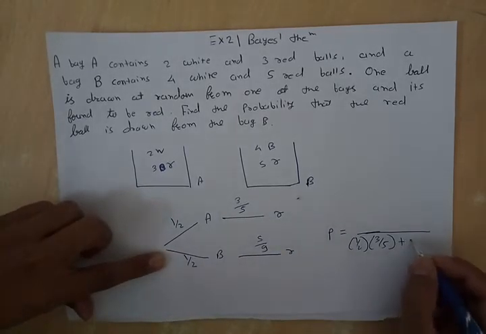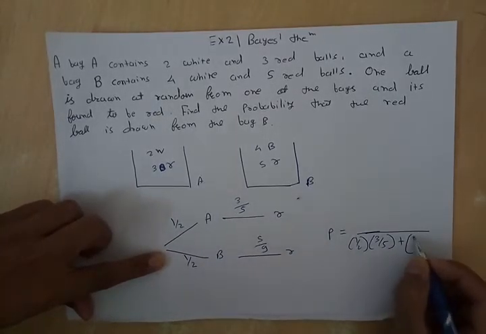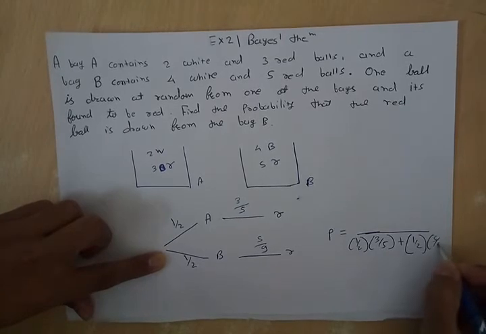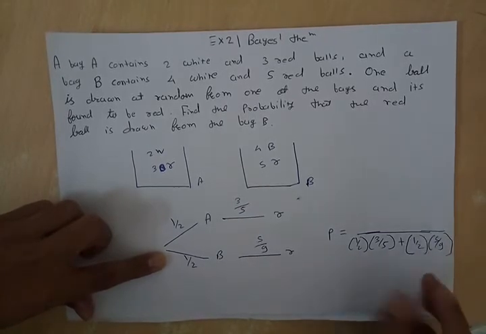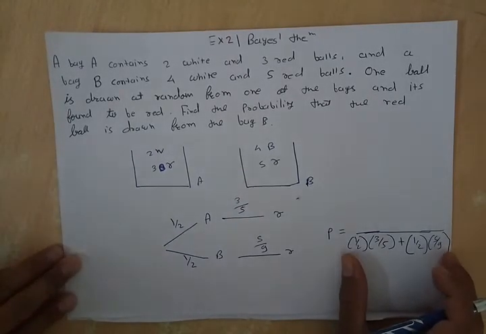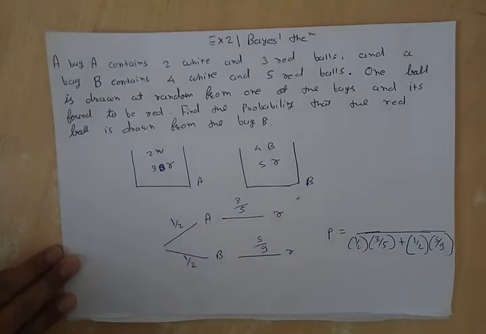Similarly for bag B, we will multiply this half and 5 by 9. Now this is the total probability of selecting a red ball from either of these two bags.